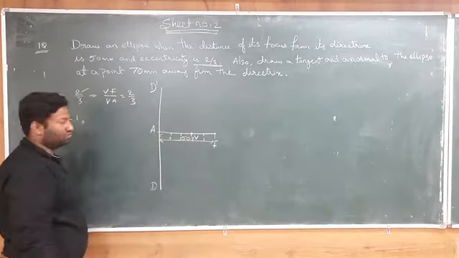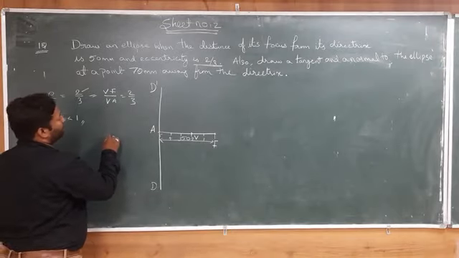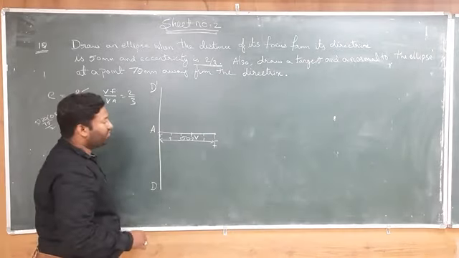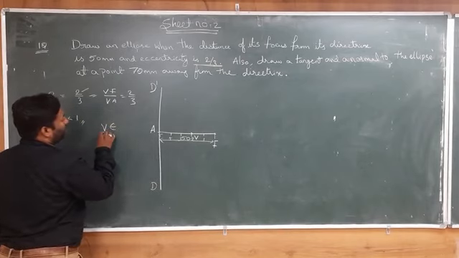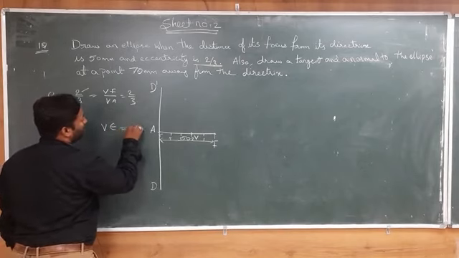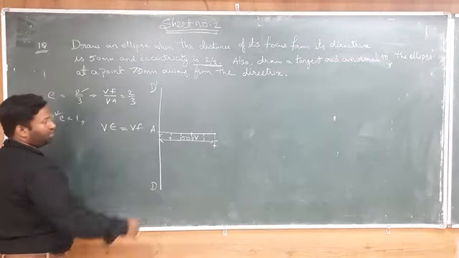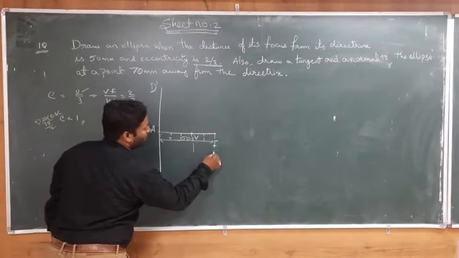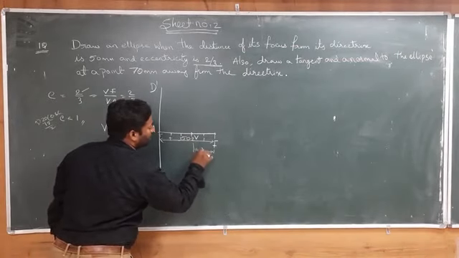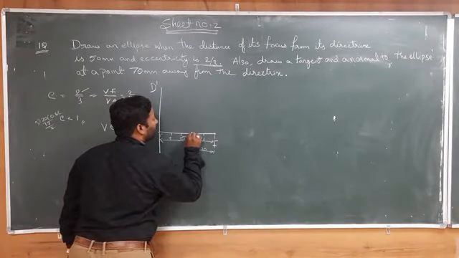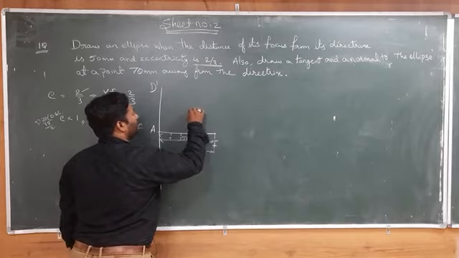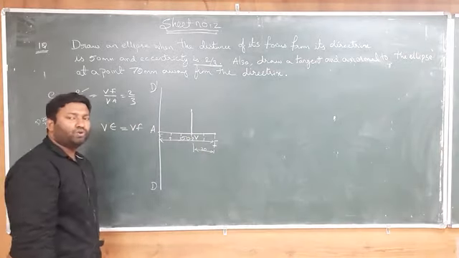Now after that, we have to draw a vertical line from V, that is VE. Now VE should be equal to VF. Here from V to F we have 2 units, that is 20 mm. So we will draw a vertical line from the vertex V to E of 20 mm.